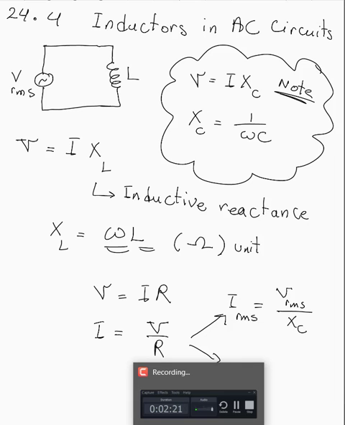Now if I have the inductor, then the RMS value of the current equals the voltage divided by XL. Now because XL is indeed omega L, this is equal to V RMS divided by omega L.